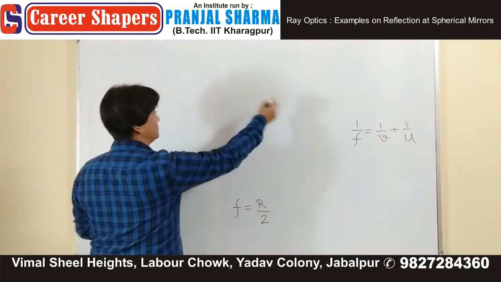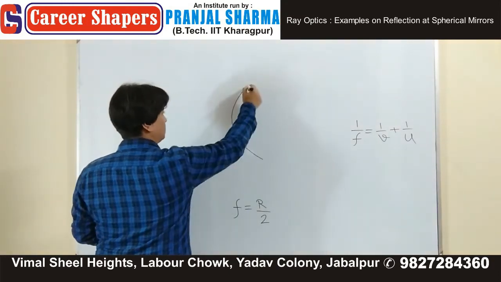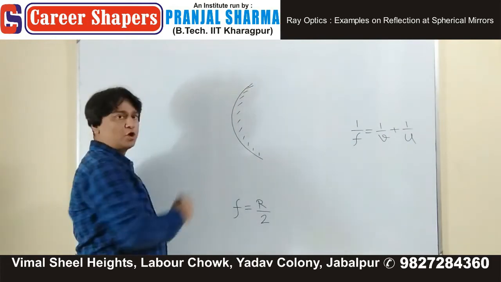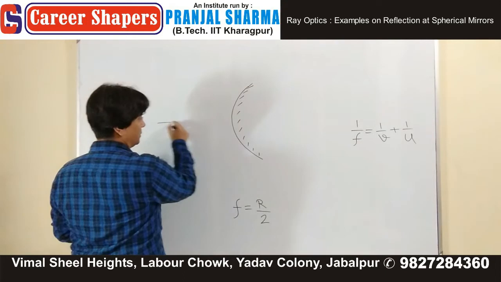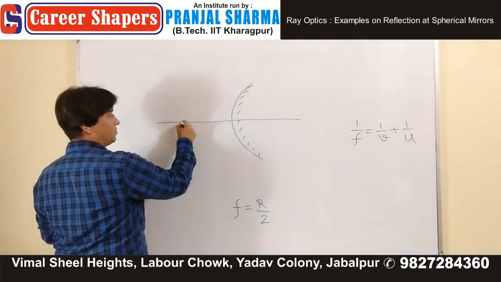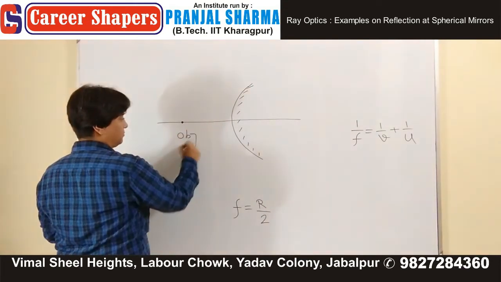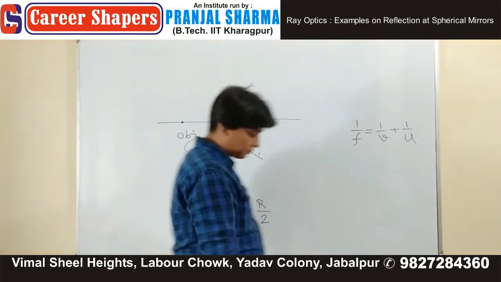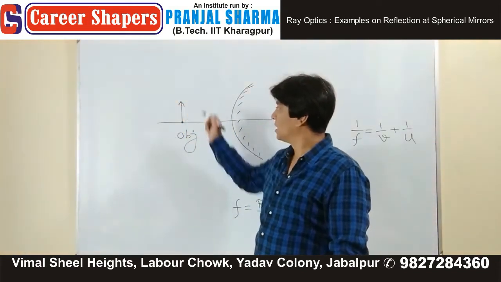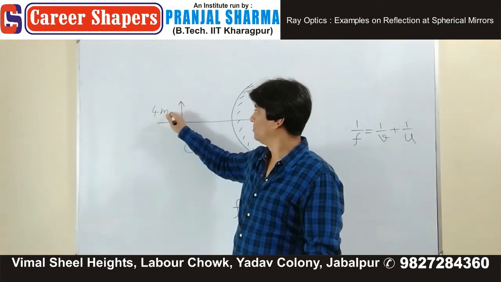Note down this. It's a convex mirror. This is the object. Height of the object is 4 mm.